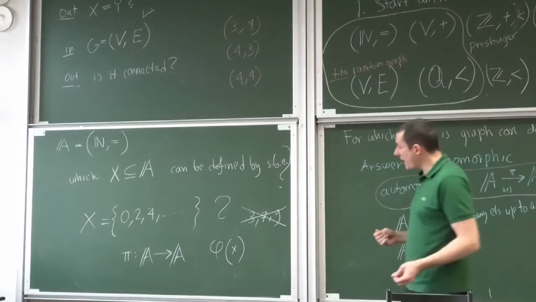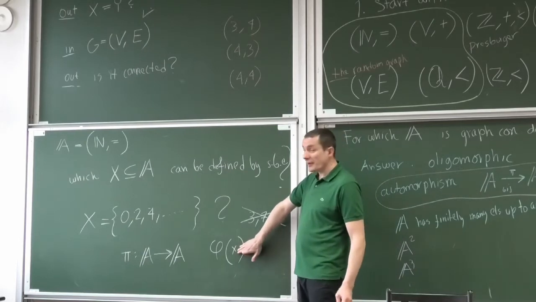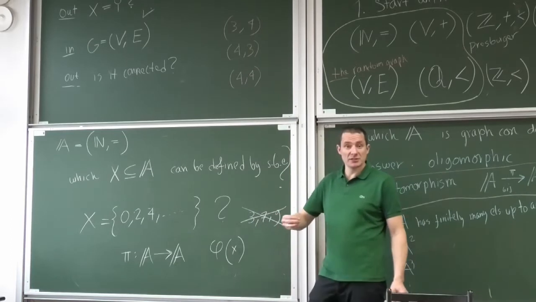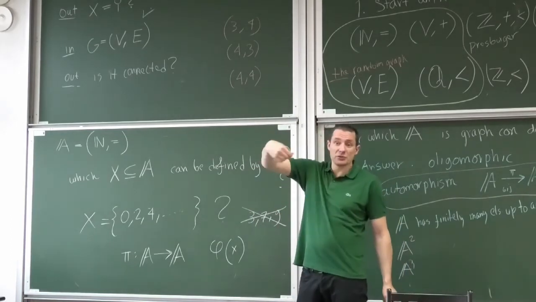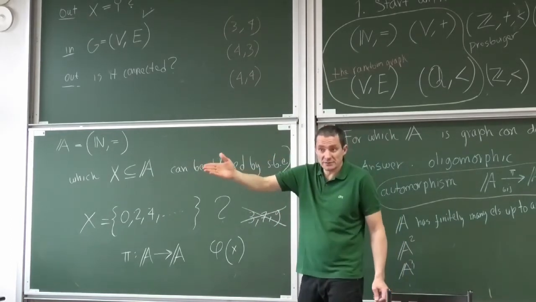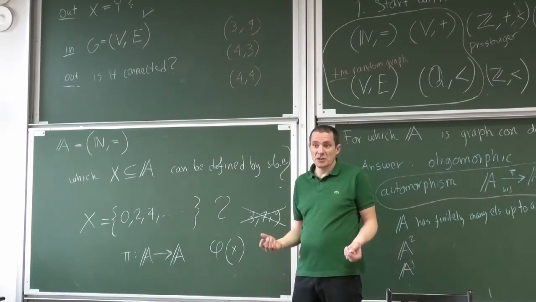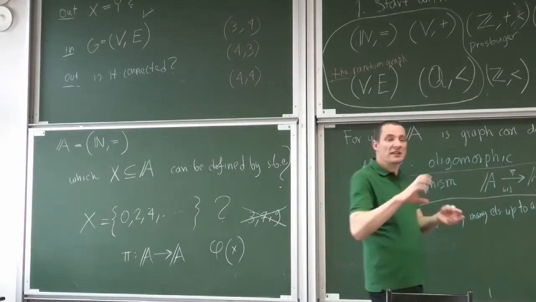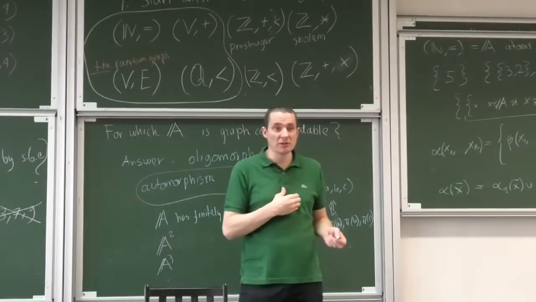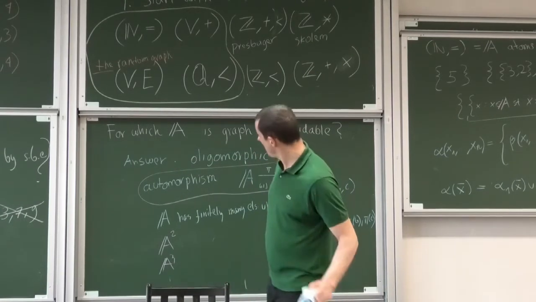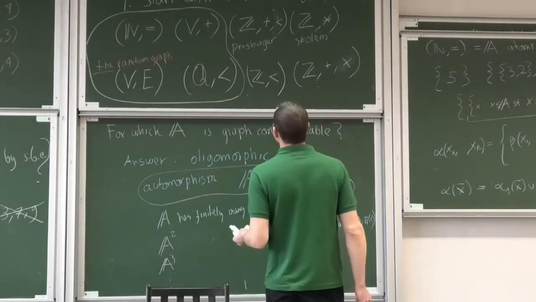And if some x satisfies the formula, and then you map that x via pi to pi of x, then pi of x will also satisfy the formula. Because first order logic is invariant under automorphism. This is a fundamental fact, so let me write it down as a fundamental fact.